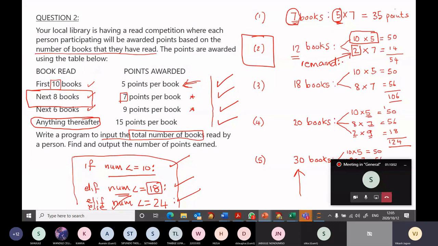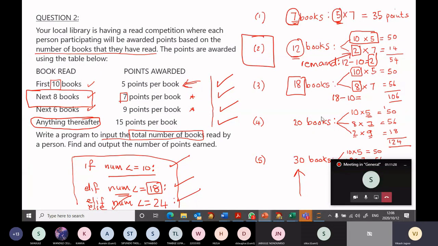It was the total number of books, which is 12, minus the first 10. So you take the total number of books minus the first 10, that will give you your remainder. Okay, even if I look at this example here, 18 books. The first 10 is at 5 points. How did I get 8? It's the total, which is 18 minus 10, gives me the remainder, which is 8.